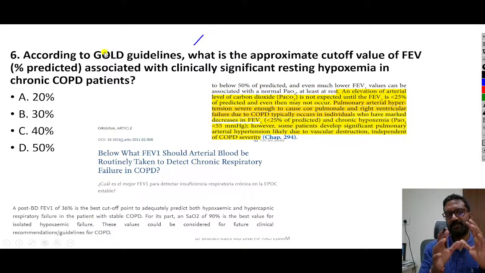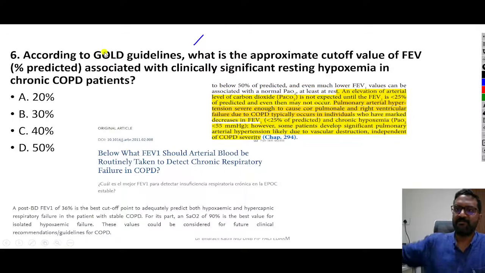See, we have verified the GOLD guidelines and I have been following the GOLD guidelines for the last many years. What they say is you cannot predict hypoxemia with FEV1 values. That is the first thing they say. Just by seeing the patient's FEV1, don't expect the patient to be so hypoxemic. Always go by your clinical detection, so go by examining the patient's saturation.